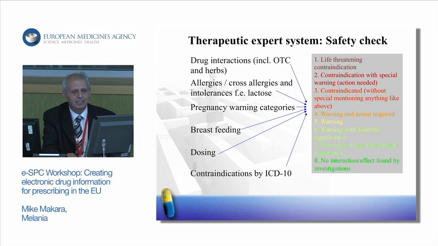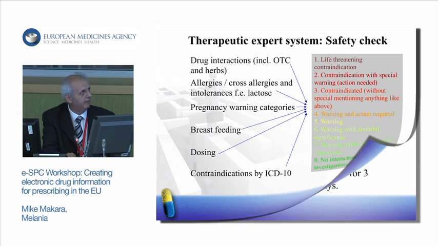The fourth is the warning and action required, again from the doctor. He is responsible for doing something if these two drugs are given together, for example, or with an existing disease. He must do something when he gives this medicine. Then there are the warnings, and there are don't-care-about-it warnings, like the stool becomes more brown. It's not medically important.